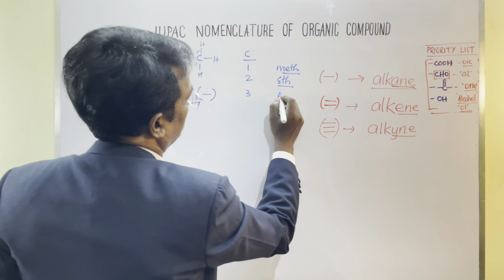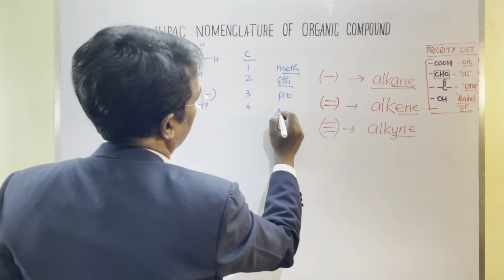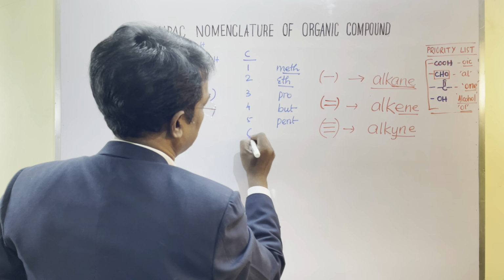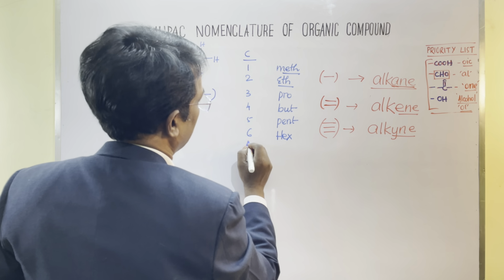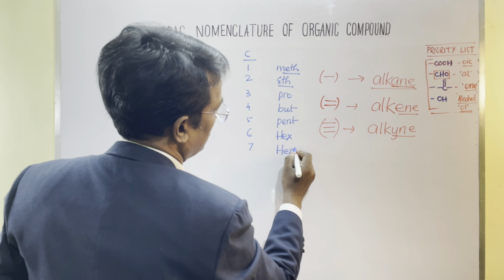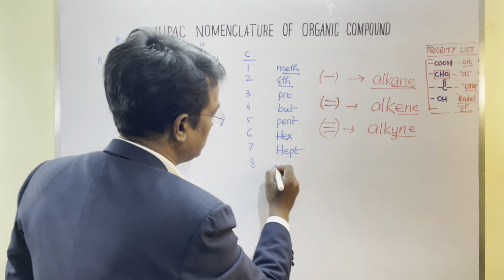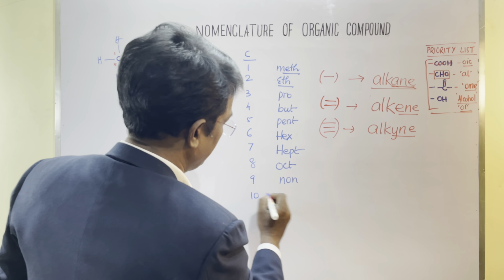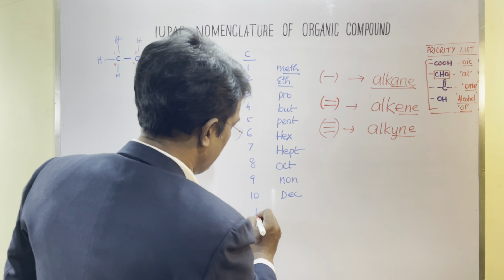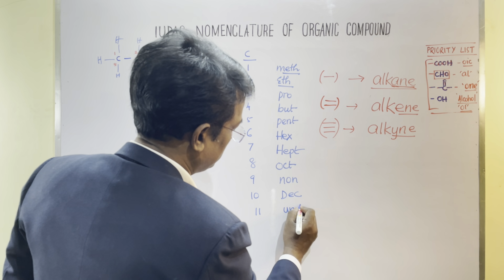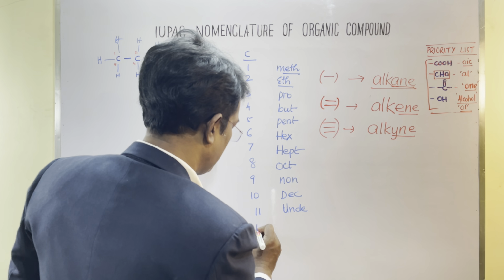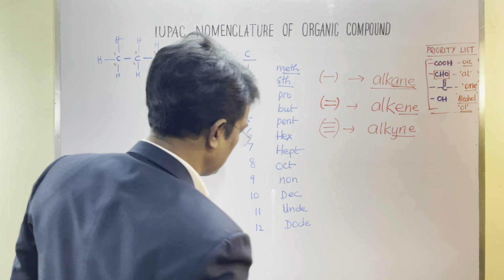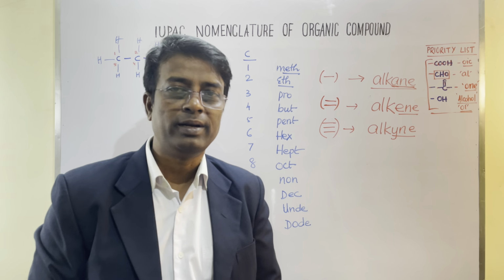3 for prop. 4 for but. 5 pent. 6 hex. 7 hept. 8 oct, O-C-T. 9 non. 10 dec. 11 undec. 12 dodec. 13 tridec, 14 tetradec, 15 pentadec, like that.